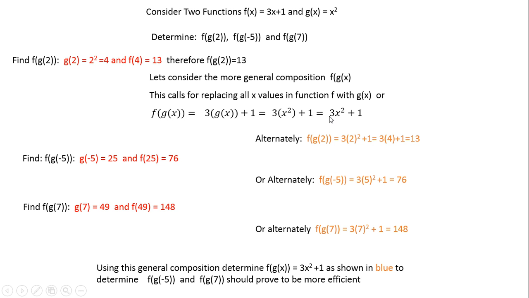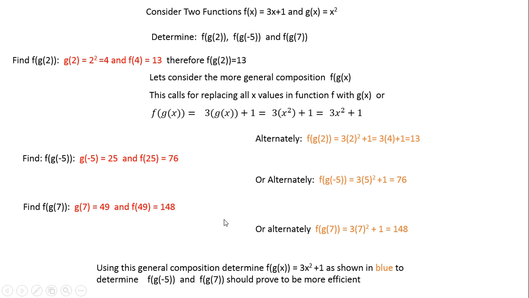So what we're trying to show here is using the general composition for f of g of x, which ended up giving us 3x squared plus 1, shown in, well, whatever color it is, to determine those values. I think this proves to be more efficient, because if you are asked to do this three or four times over, let's just do it once in a very general sense, and then use that for all the other particulars.